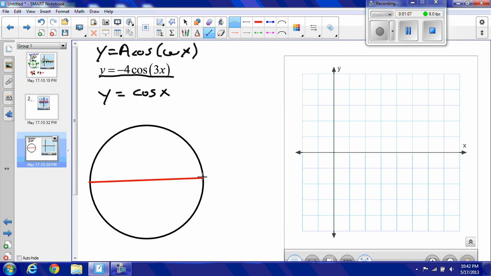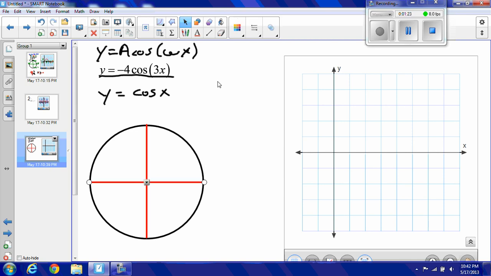That's not that straight, is it? Y-axis. I think I can straighten this one out just a tiny bit. That's better. Okay.